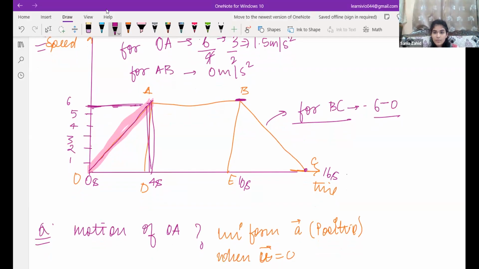Actually, take first for C. You take it like this: first for C, 0 minus 6 divided by, what is the x-axis for C? 16. What is for B? 10. This is how you do it. So you get minus 6 by 16 minus 10, which is how much? 6 only. Minus 6. Negative 1 meter per second square.